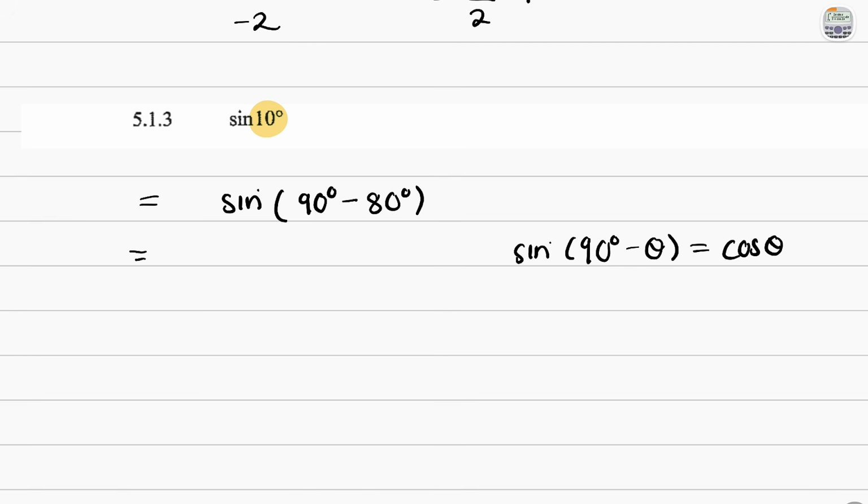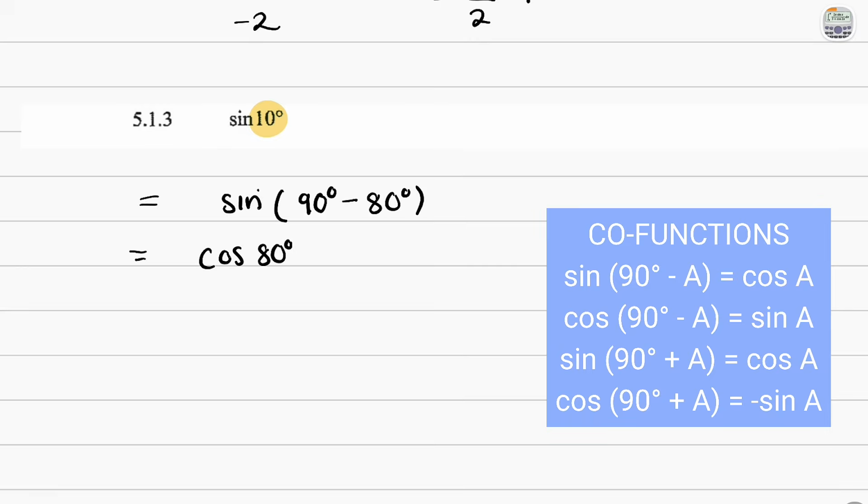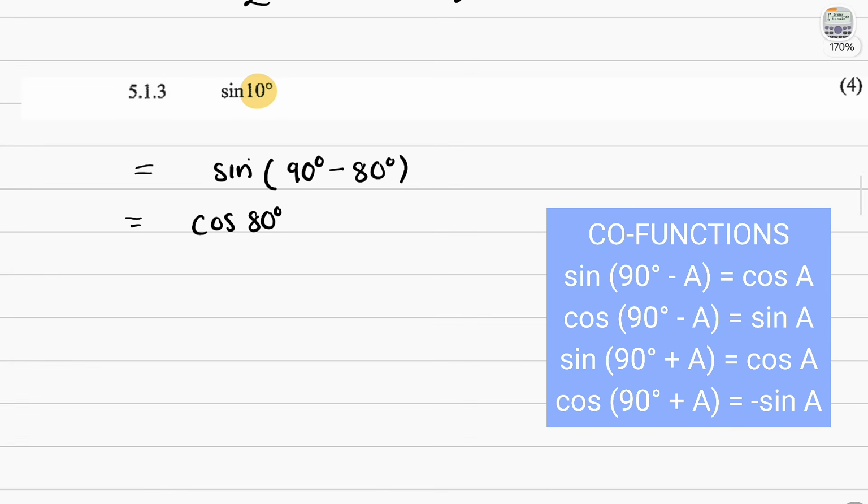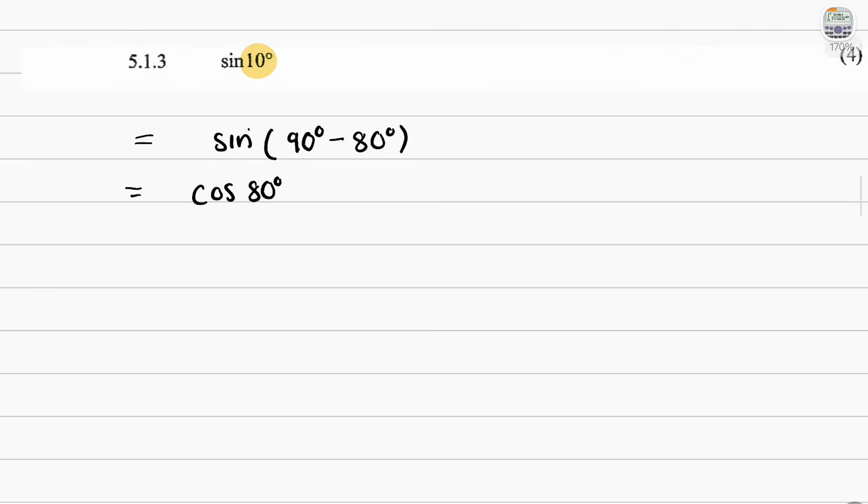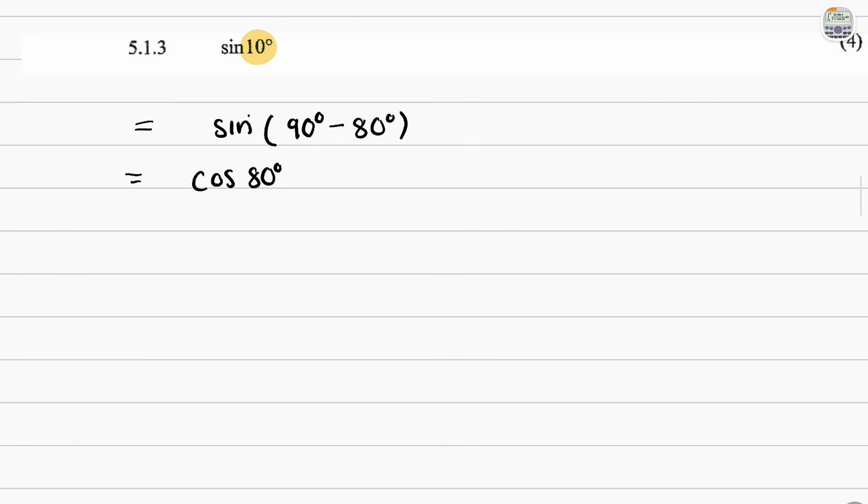In the same way, this is equal to cos 80 degrees. Okay, grade 12, so make sure to study your cofunctions. That is actually one that I don't think they put in the formula sheet. Yeah, that's not in the formula sheet, so just make sure to study those formulas, or identities.